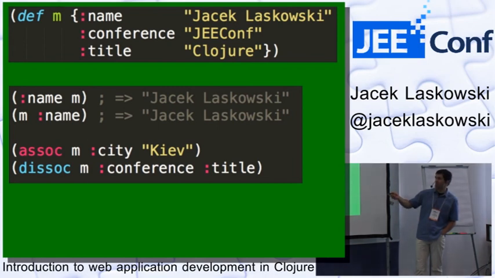So a keyword applied to a map is a function that will return a value. Simple? Simple. And a map is also a function. So given a keyword or a key that's inside this map, you will get a value as well. Okay, and there are assoc and dissoc I mentioned. Easy? Good.